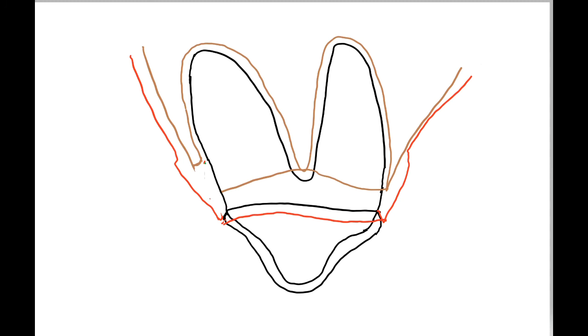And if we can get that, then we can get the gum to potentially reattach itself to the cementum so that we eradicate the periodontal pocket.